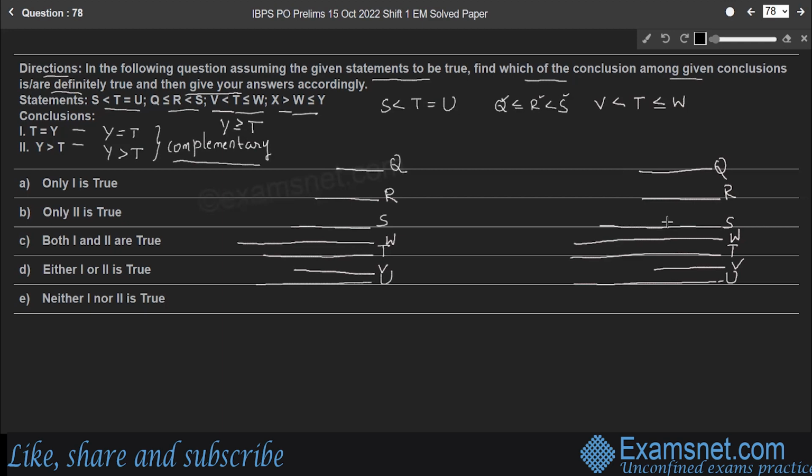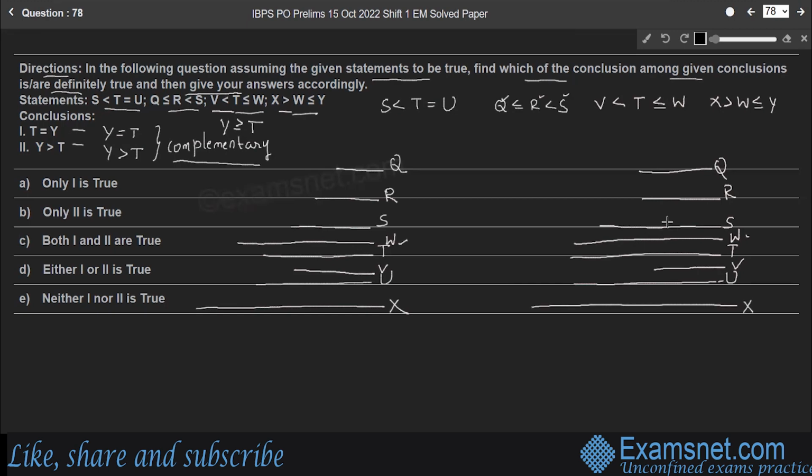And the last part of the statement: X greater than W, W less than or equal to Y. So the relation between W and X and Y. So here X is a line greater than W. I'll draw the line X here. So X greater than W. In the second case, X is a line greater than W, right?